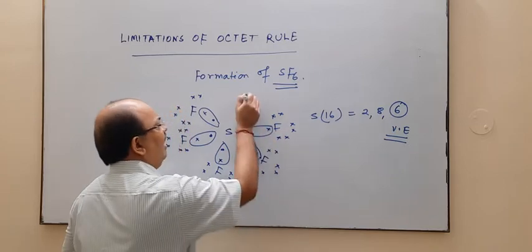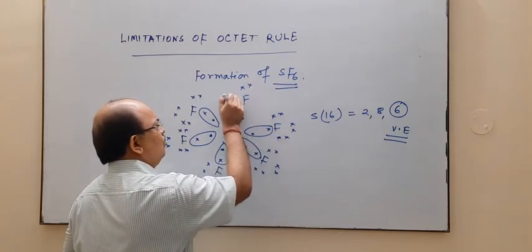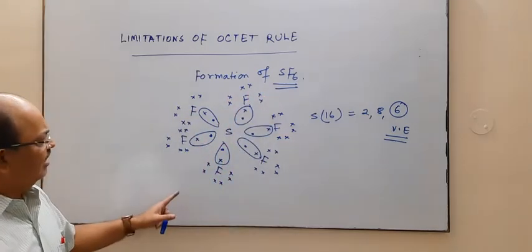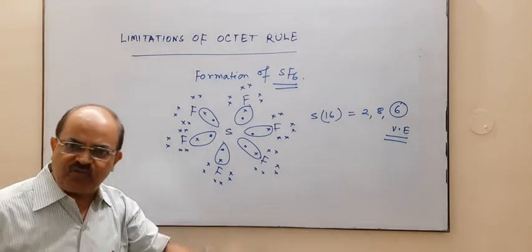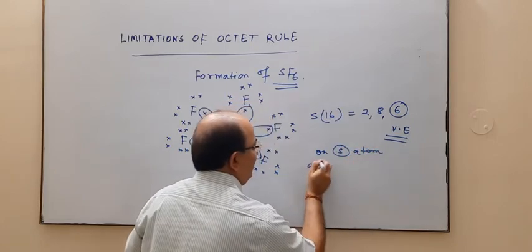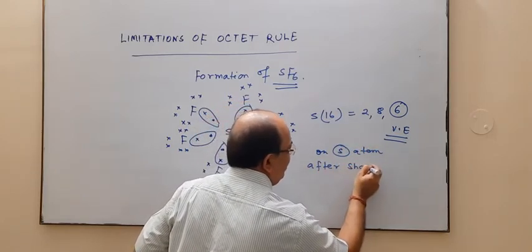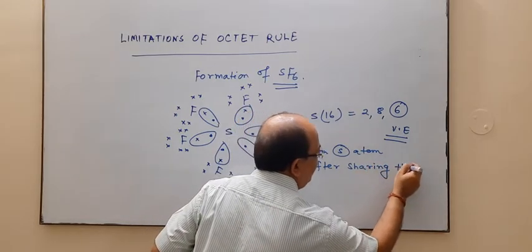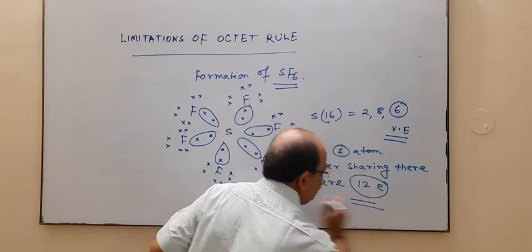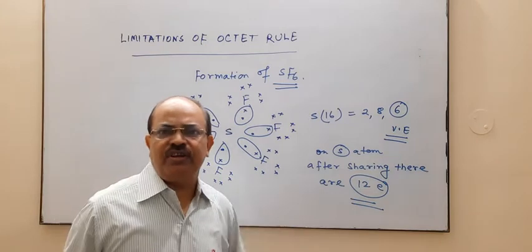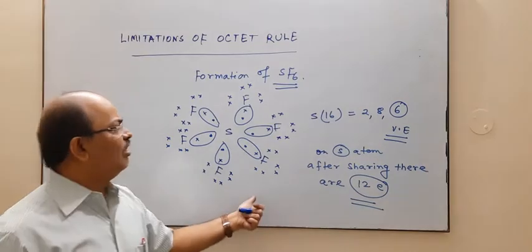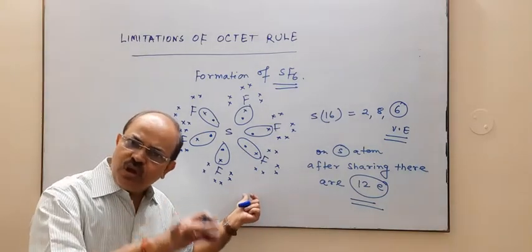This is fifth one, and sixth one is like this 2, 4, 6 and 7. तो इस तरह से आप देखिए कि in case of SF6 on sulfur atom after sharing there are 12 electrons. So it has an expanded octet or it has a super octet. So this will not follow your octet rule.